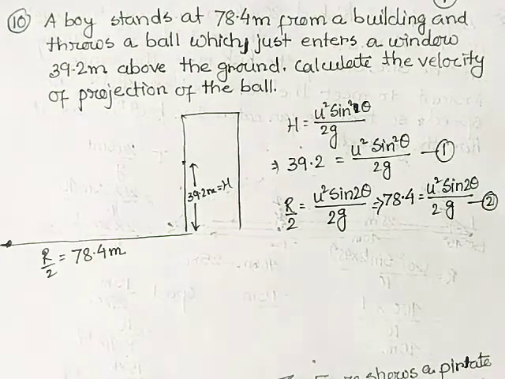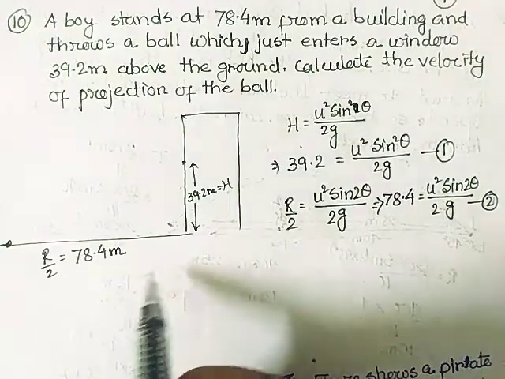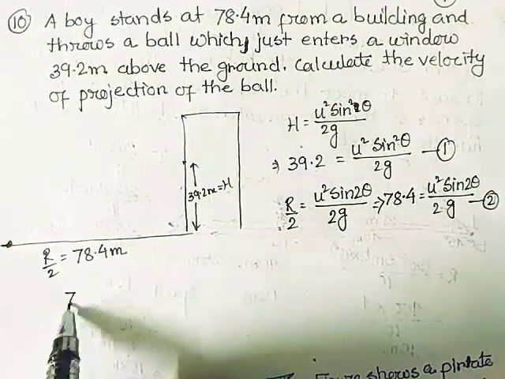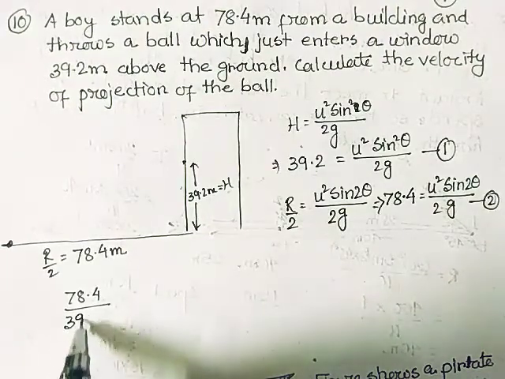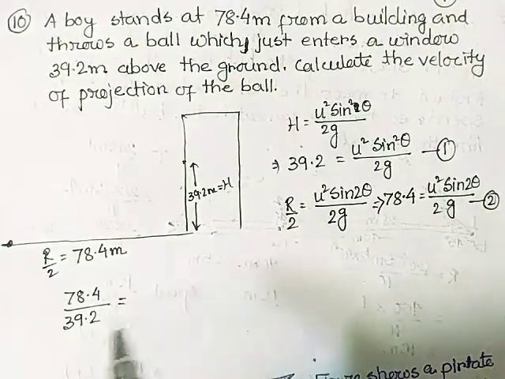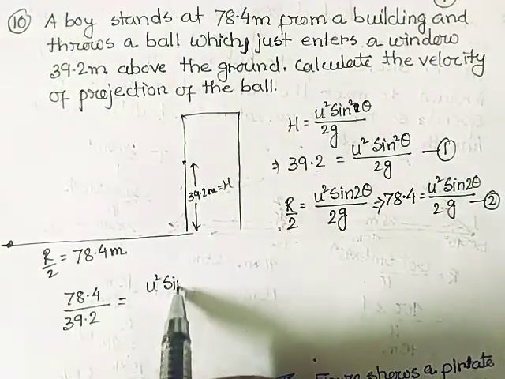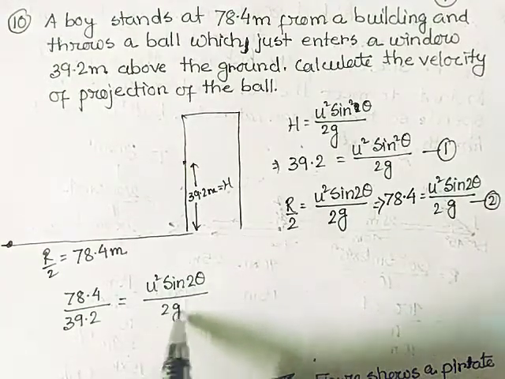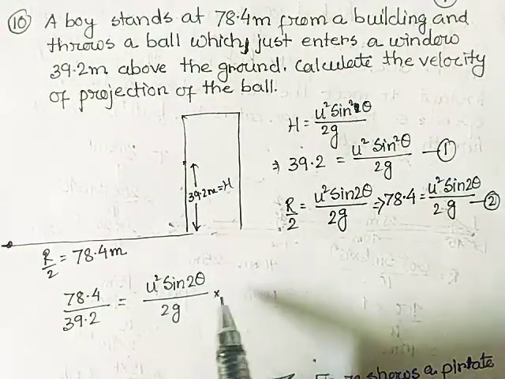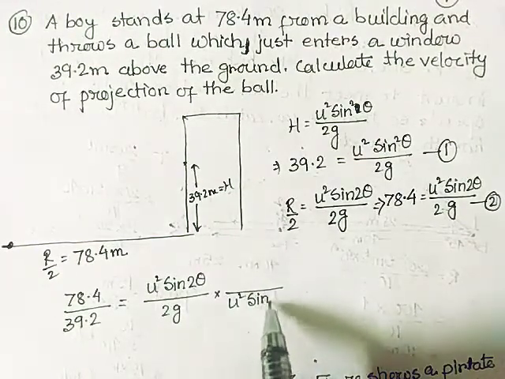Clear? So if I take the ratio of equation 2 and equation 1, I can write 78.4 divided by 39.2 equal to u square sine 2 theta divided by 2g, multiplied by 2g divided by u square sine square theta.